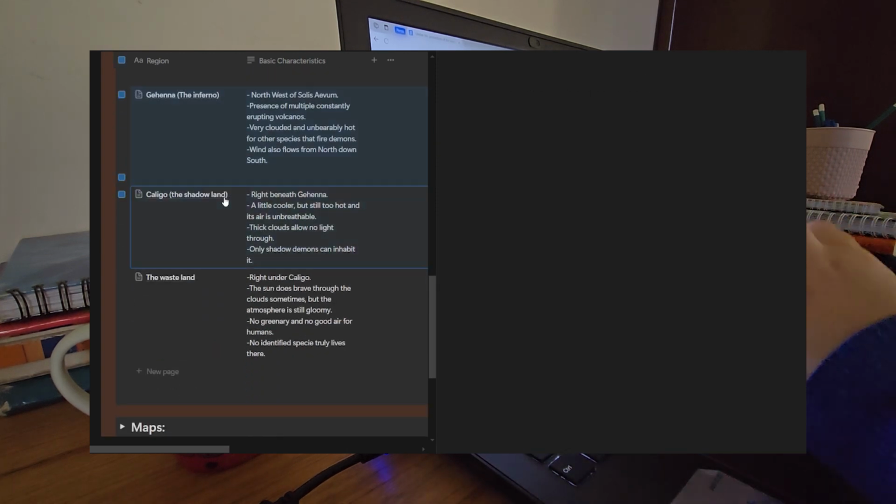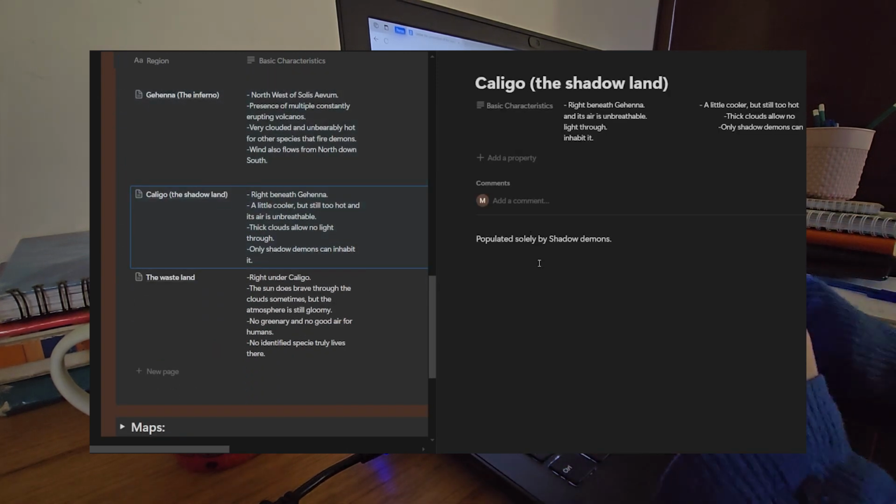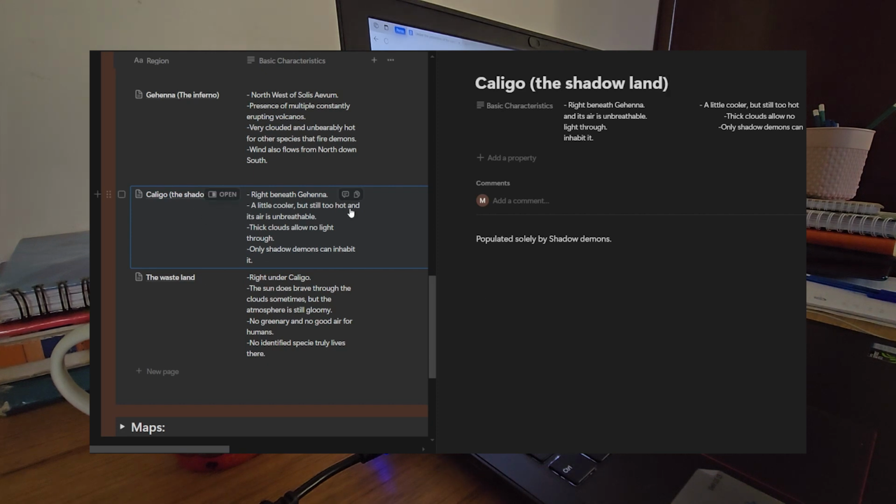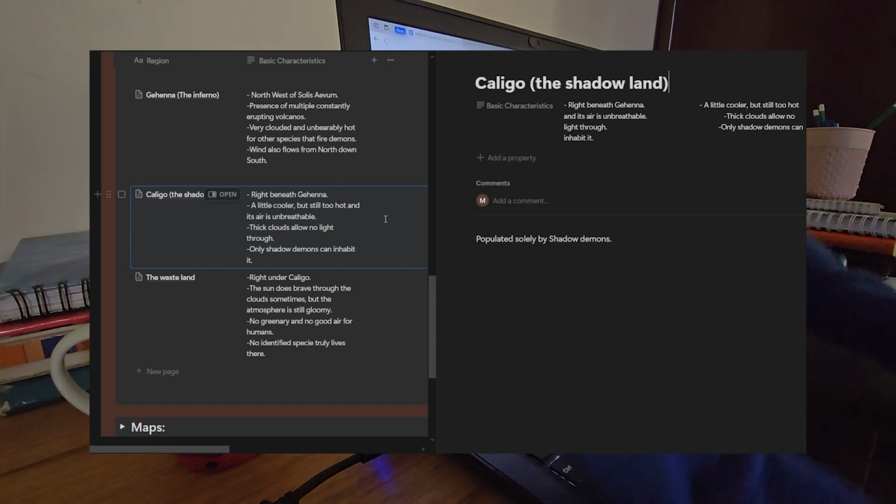The country directly below or south of Gehenna would be Caligo, or the Shadowland. Wind usually blows from north down to south, and that's where the breath of the volcanoes travels. The clouds that form there as a result are so thick they allow no light to penetrate day and night.